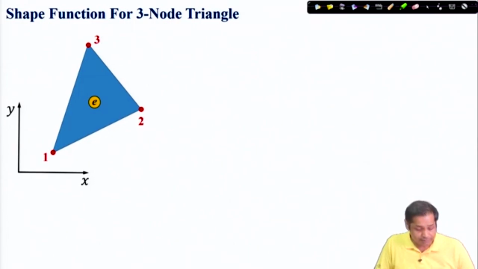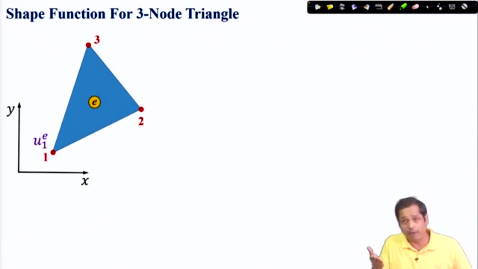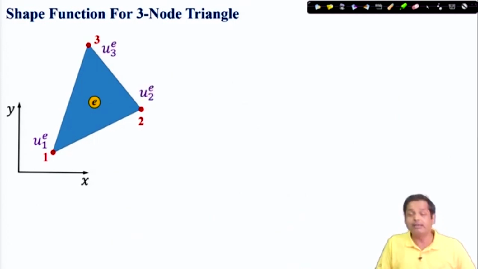And suppose the values at the nodes are U1, U2 and U3. U could be displacement, it could be any other thing that depends on the degrees of freedom you have in the problem. So, U1, U2 and U3 are the nodal values.